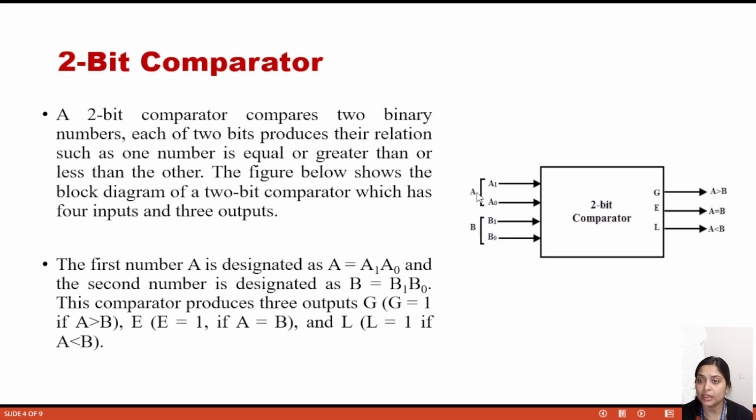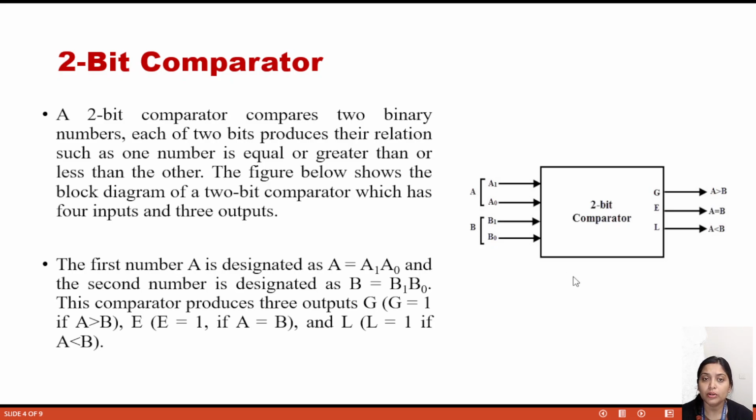Here are the two numbers A and B, each 2-bit, A1 A0 and B1 B0, and the outputs are three: G, E and L. G is greater than, that means A greater than B. E is equal, that means A equals B, and L is less than, that means A less than B.